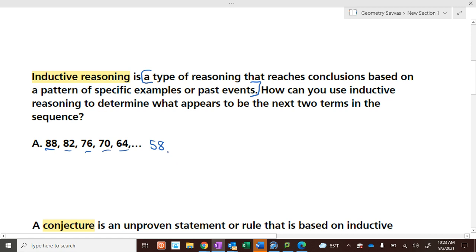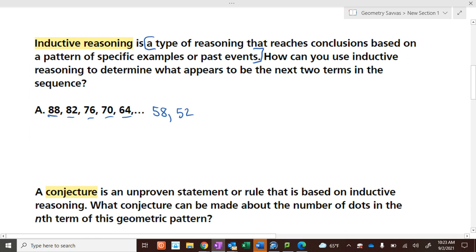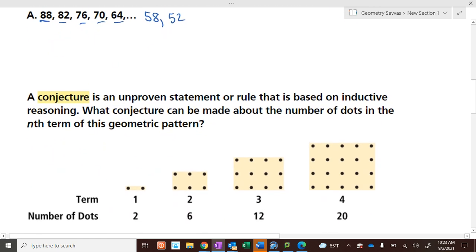What's the next number after that, Aiden? 52. What's the pattern going on there? Maddie? Subtracting 6. Just subtract 6 every time. Subtract 6, subtract 6, subtract 6.